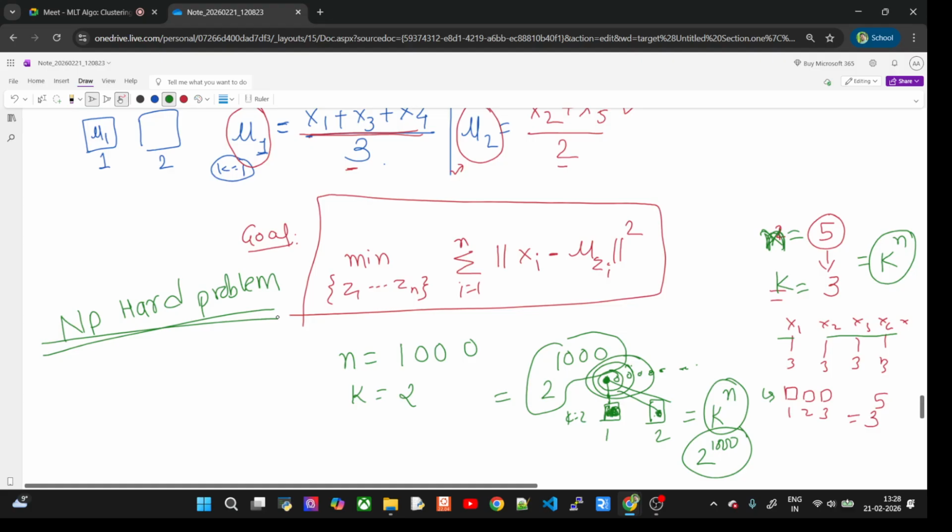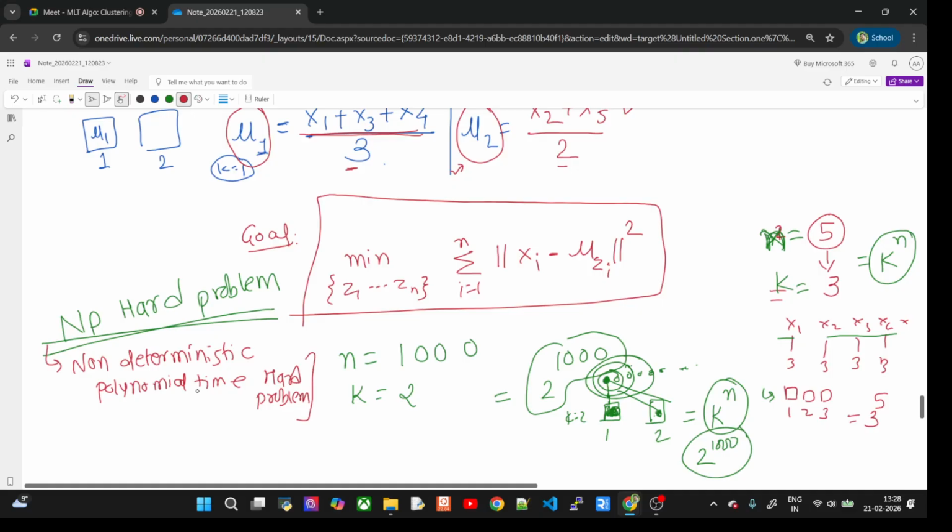This is called non-deterministic polynomial time hard problem.